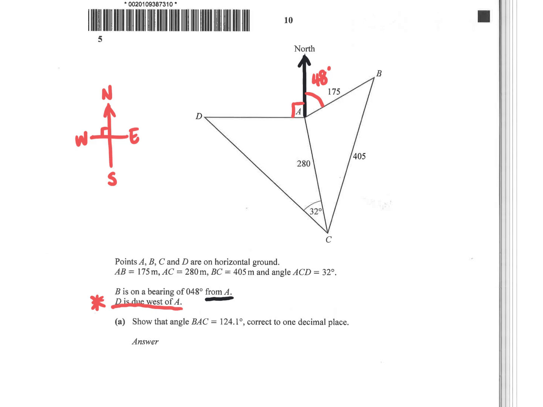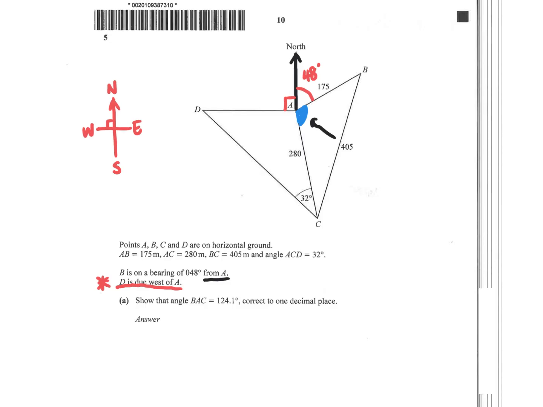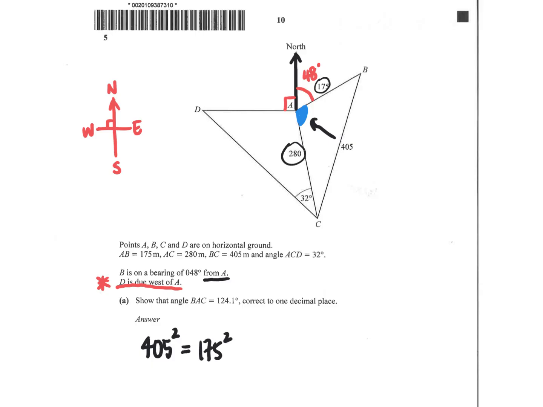Okay, I want to find BAC. This one. If I have all 3 sides of a triangle, what rule should I use? Yes, very good. So it's the cosine rule: 405 squared is the sum of the squares of the other 2 sides. This one is 3 marks. Just write the cosine rule with the answer and it's 3 marks. Please make sure you can do it.